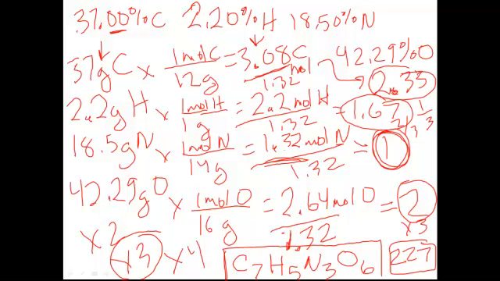But then they might say, okay, the molecular formula has a mass of, let's say, 681. So then again, we would divide our 681 by 227, which would equal 3. And so we'd have to multiply each of these numbers here by 3. And again, that's only if they ask us for the molecular formula. Many times the empirical formula and the molecular formula are the same thing.